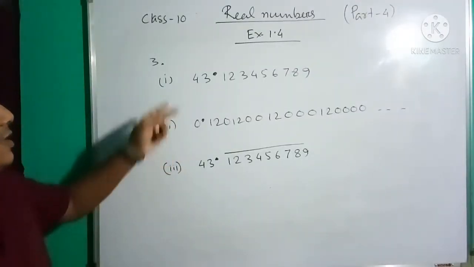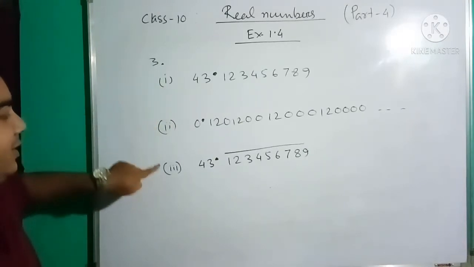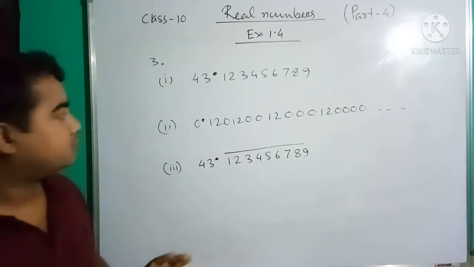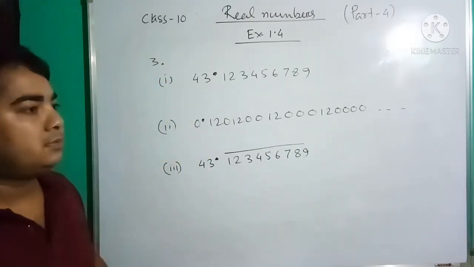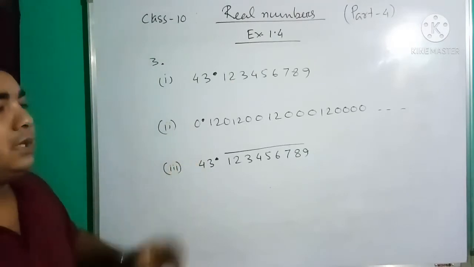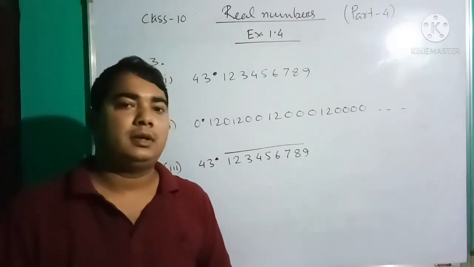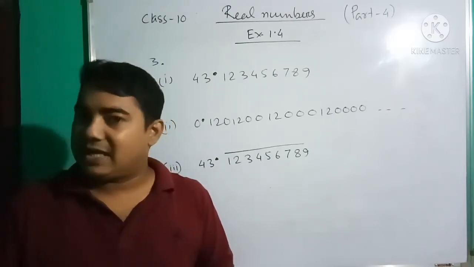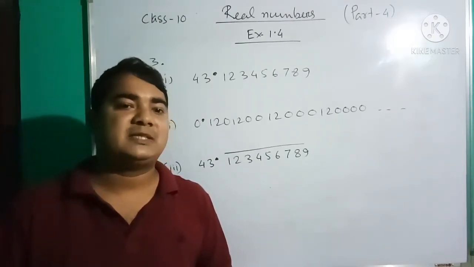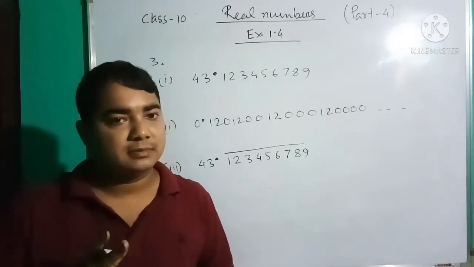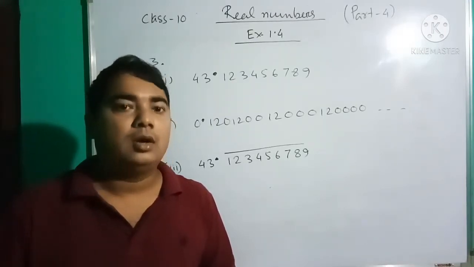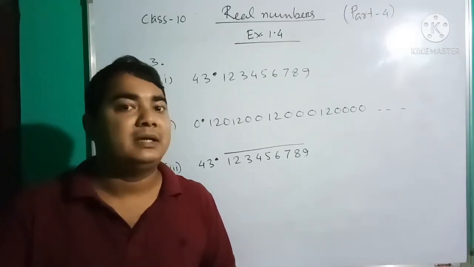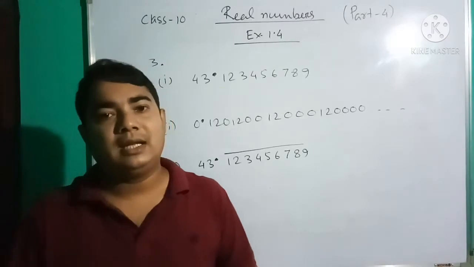In question number 3, there are 3 questions: number 1, 2 and 3. Now the question is whether the following numbers are rational or not. Already you learned about rational number decimal expansion. If a number's decimal expansion is terminating, then it is called rational. Or if a number's decimal expansion is non-terminating but repeating, then it is also called a rational number.